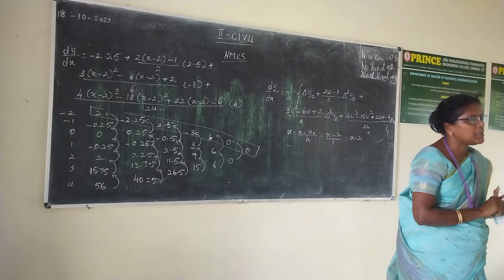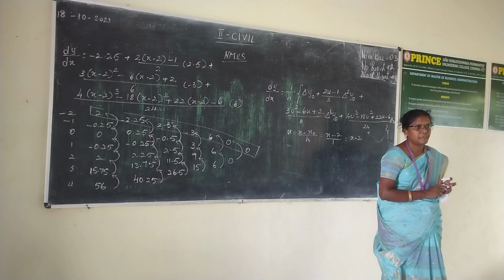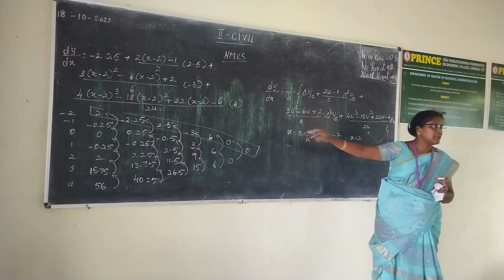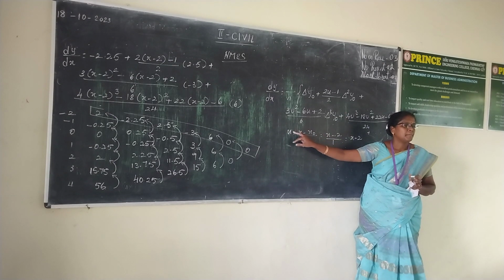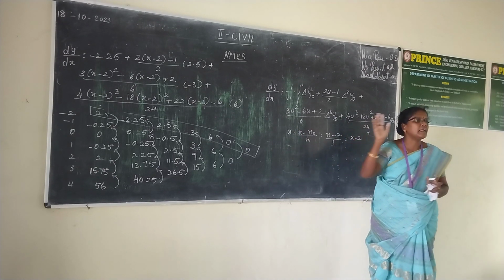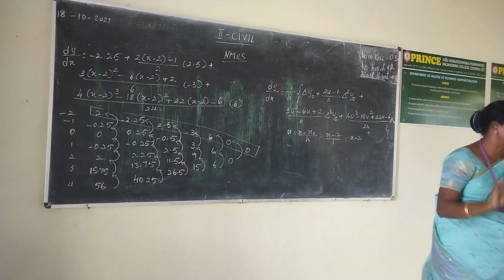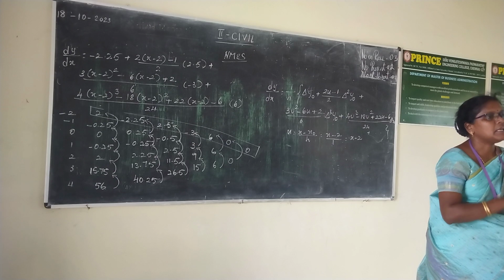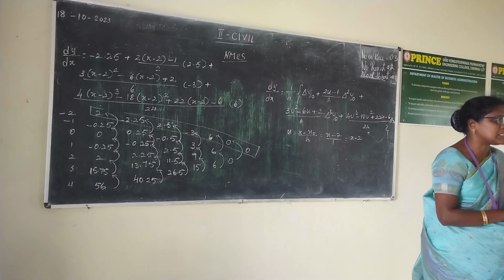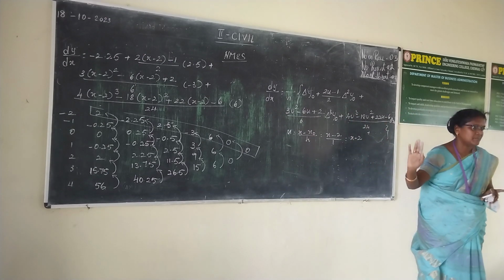The formula is applicable only for positive values. But what x0 have we considered? Minus 1. Normally when we do problems, we do it like that, but in this particular problem we are trying to find the maxima and minimum, so we should not take it this way.